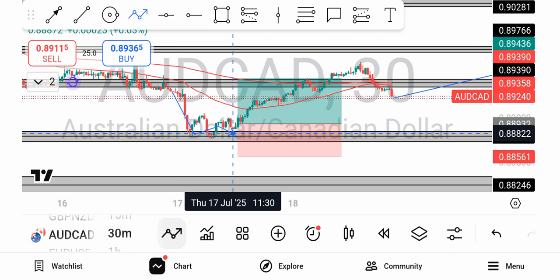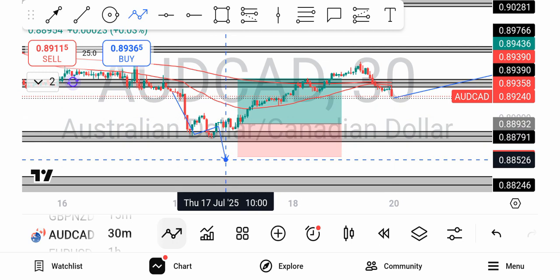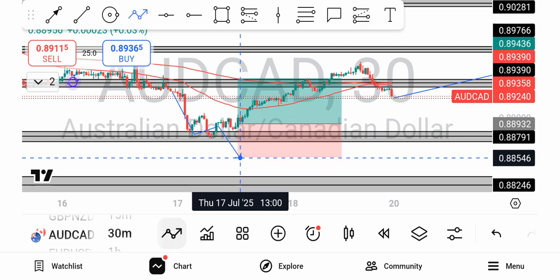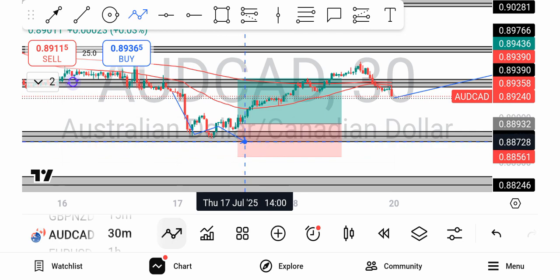At this zone, this is where I put my take profit, and my stop loss was a few pips below the zone. I make sure that I put my stop loss a few pips below the zone to make sure that price can come here, somewhere here, and it will not fake me out.